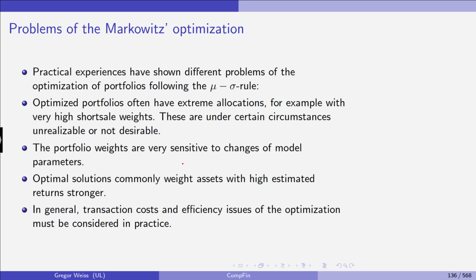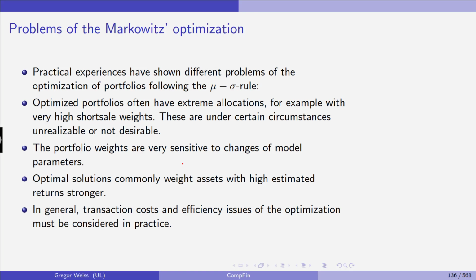Moreover, the portfolio weights are very sensitive to changes of the model parameters. So if you have your set of expected returns, your mu's and sigmas, it might be that even the slightest change to one of your model parameters means that you now have to shift your portfolio, and you suddenly have to change your portfolio weights, meaning you have to move a lot of cash, incurring transaction costs, which so far have not been included in this model.